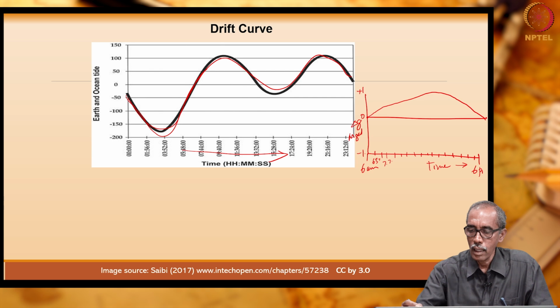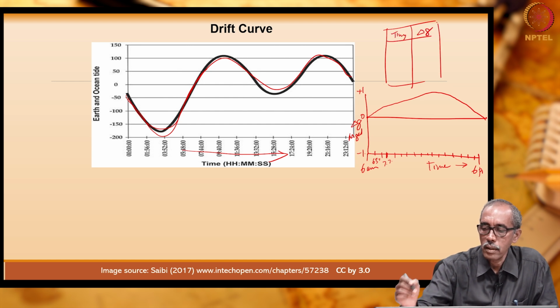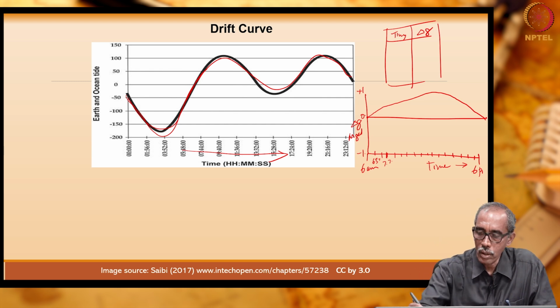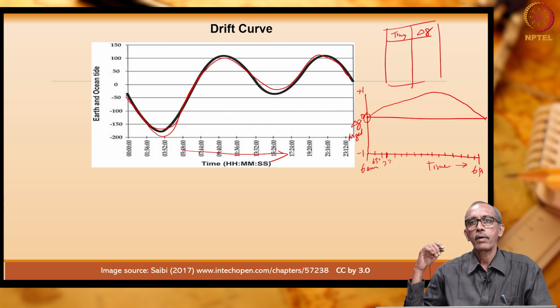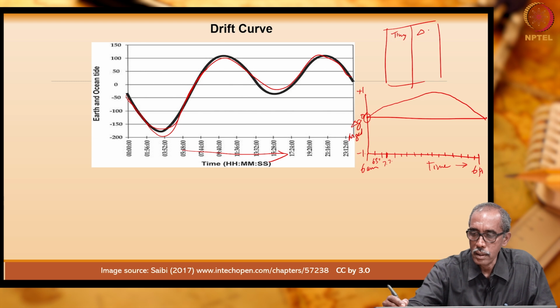We have noted the time as well as the gravity value, relative G value, time and delta G value. So, delta G is with reference to a common time. We may assume 12 a.m. as our reference time.